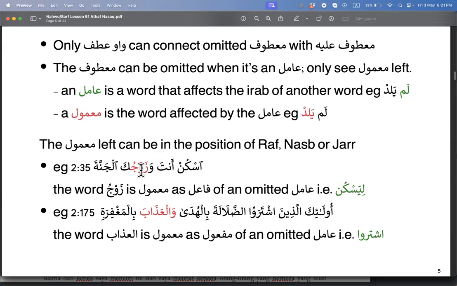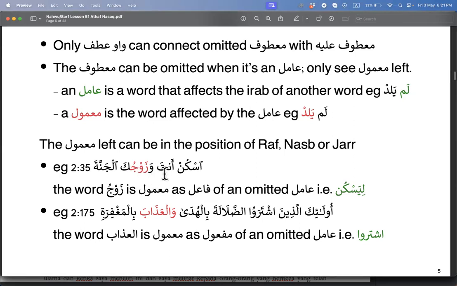What do you think about this? What is the zawjuk? Do you know? So you said anta is taukid. What about zawjuk? Most people will say, oh, this is maktuf ala anta, right?